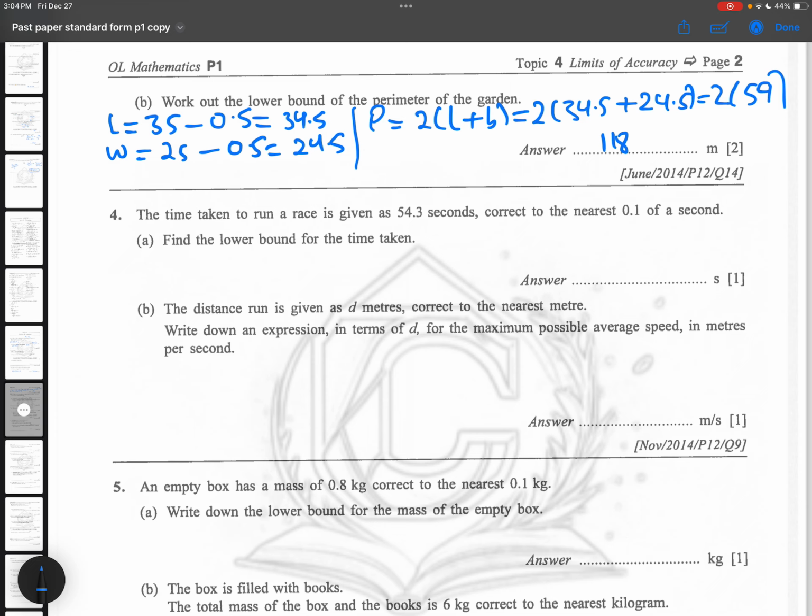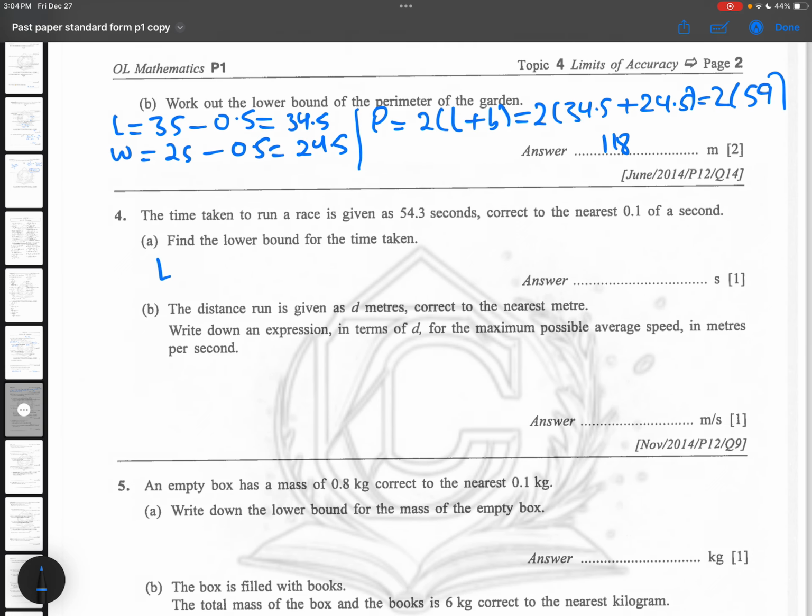The time taken to run a race is given as 54.3 seconds, correct to the nearest 0.1 of a second. Part A says find the lower bound for the time taken. Time has been rounded off to the nearest 0.1 of a second.